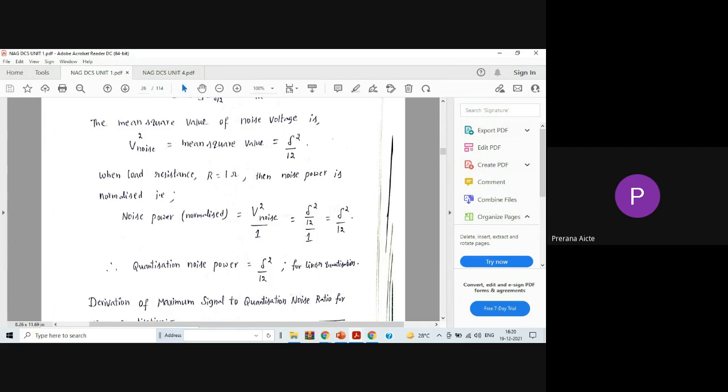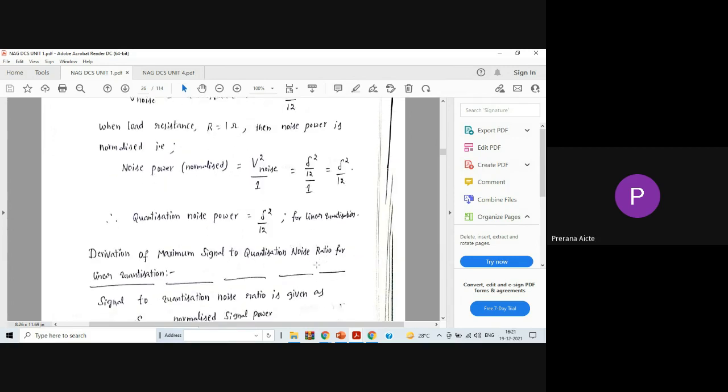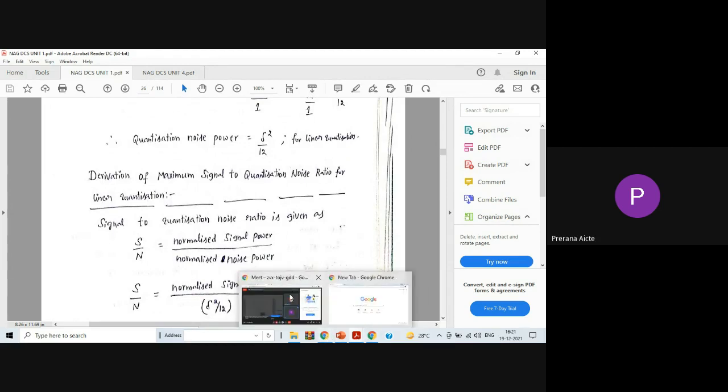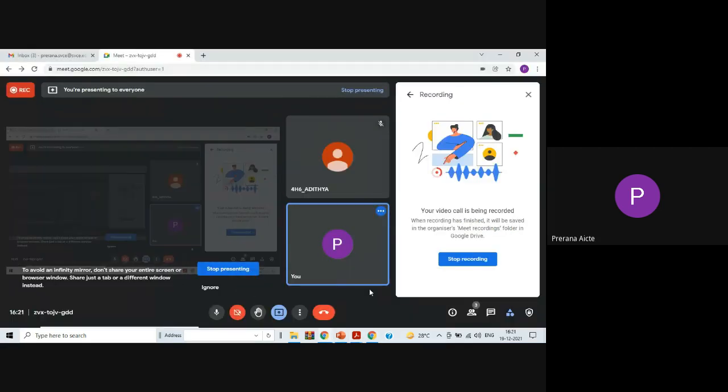Then we have to obtain the expression for signal power. So how do you obtain that expression for signal power? See, we need to obtain the expression for signal power now.